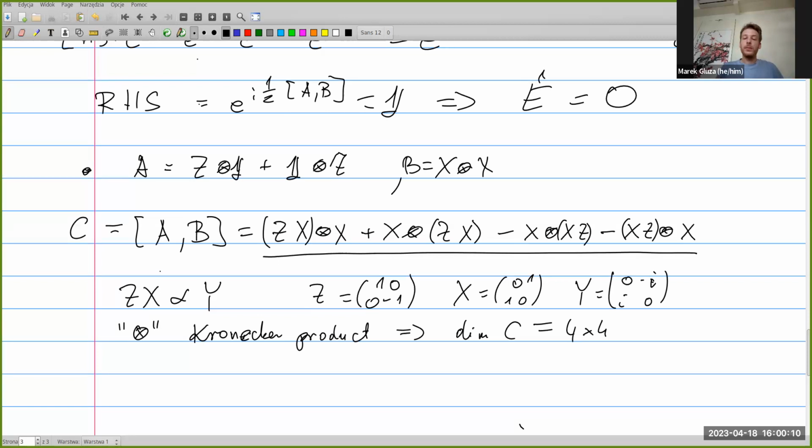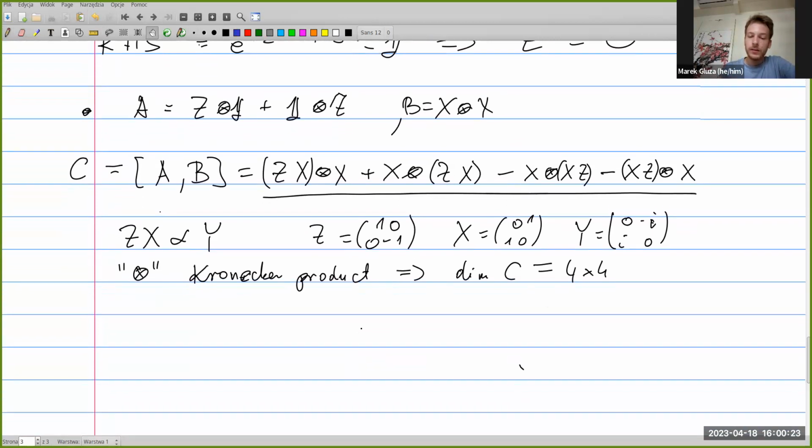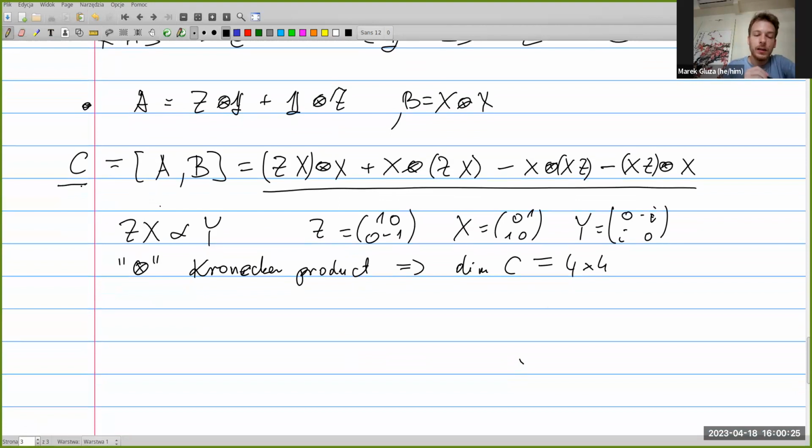So now we could be designing other operations which are in some way canceling something somewhere, okay? So I will explain this in a moment, but now I would like to say that this C is a new operation, okay?